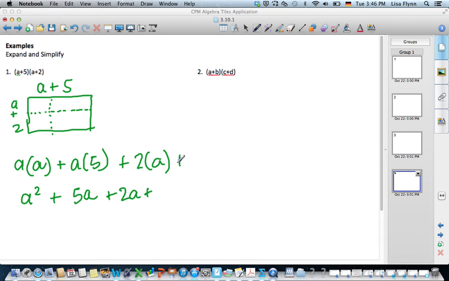And then lastly, we'll have that 2 times 5, which is 10. All right, so if we combine like terms, we'd have A squared plus 7A plus 10. All right, so if we look back at number 3, we could just take this problem here and bring it back to number 3.